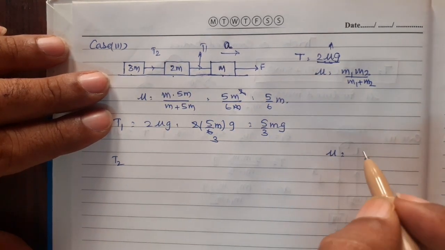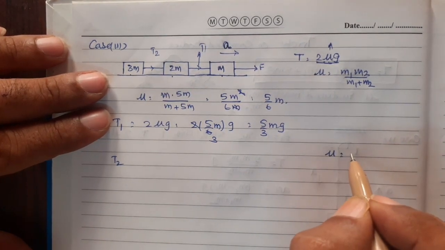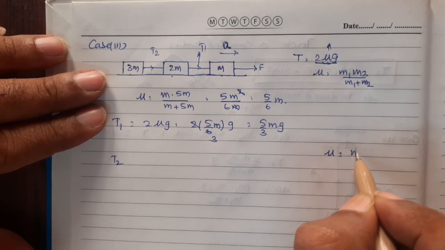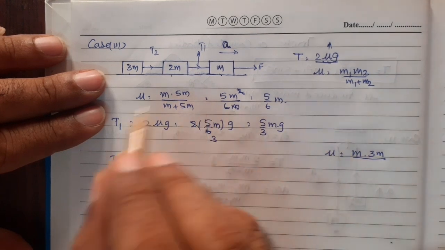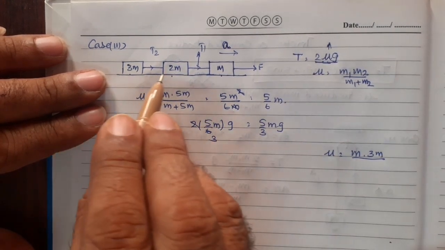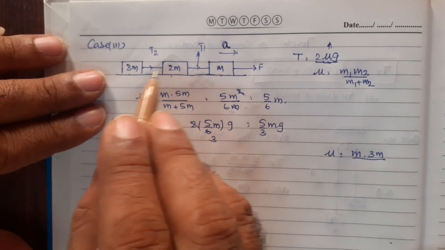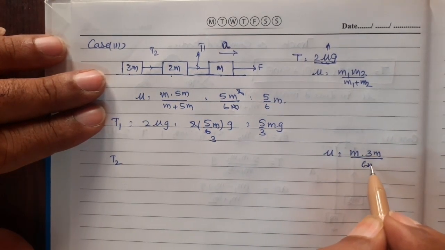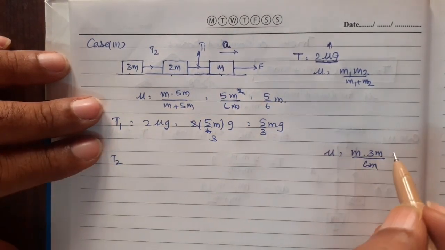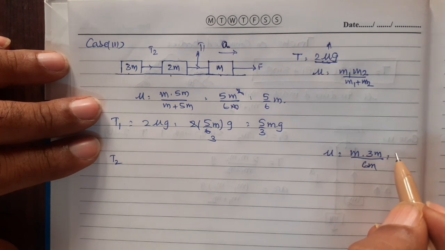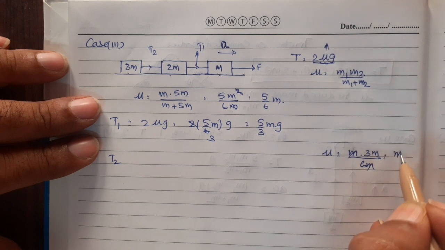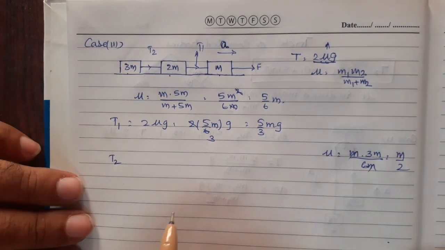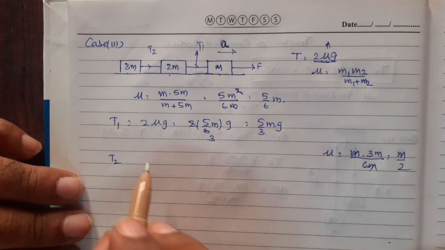So the reduced mass is m and 3m by the total mass, which is m plus 2m plus 3m, total 6m. Now m gets cancelled. This is equal to m by 2. Therefore, the reduced mass is equal to m by 2.